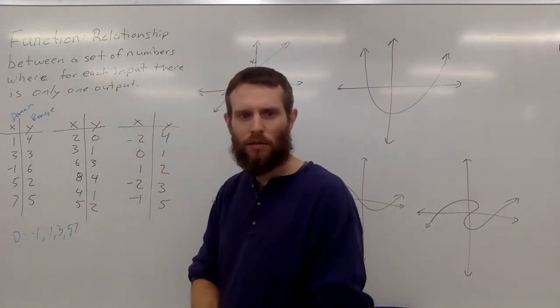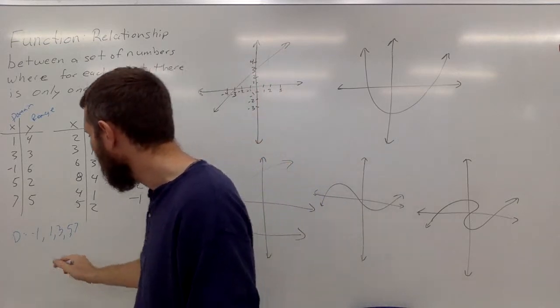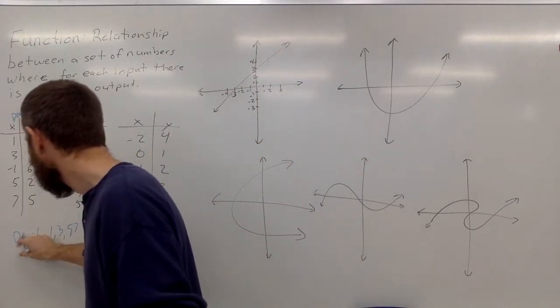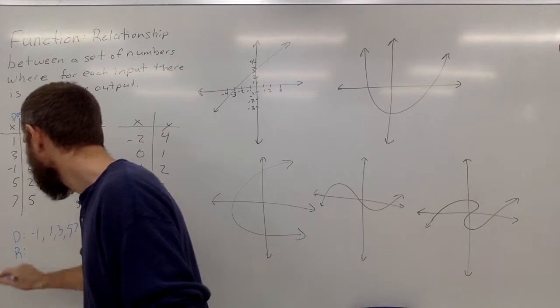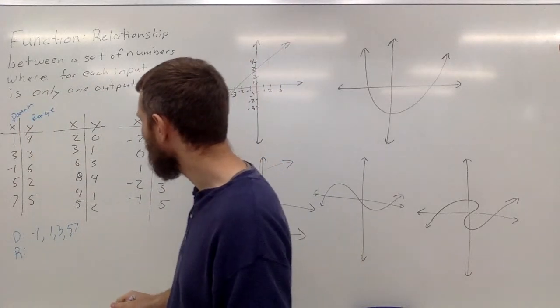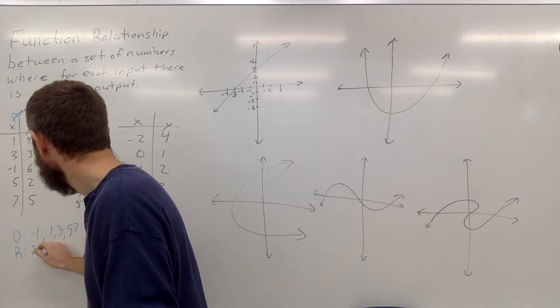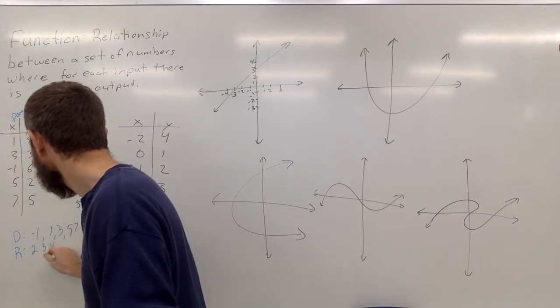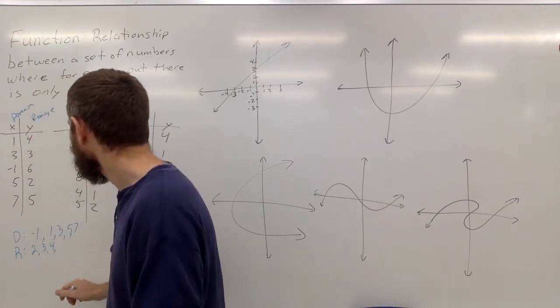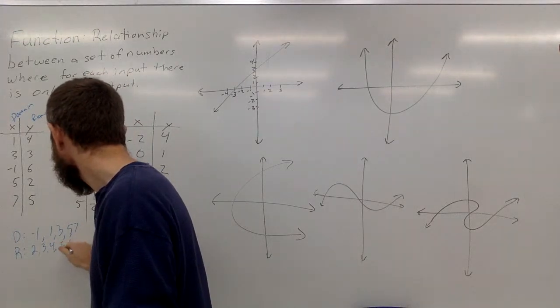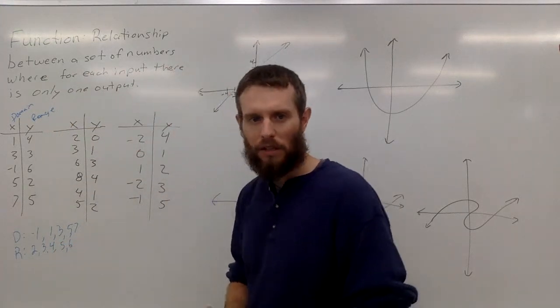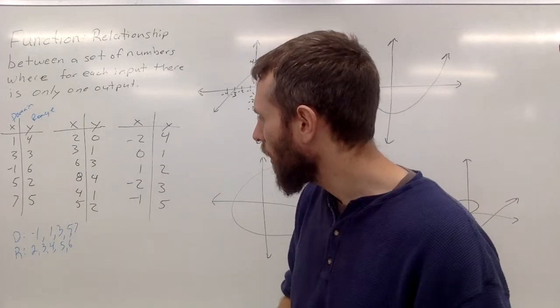Those are our values for our input, and then our output, or our range, is going to be 2, 3, 4, 5, and 6. And you'll notice something.